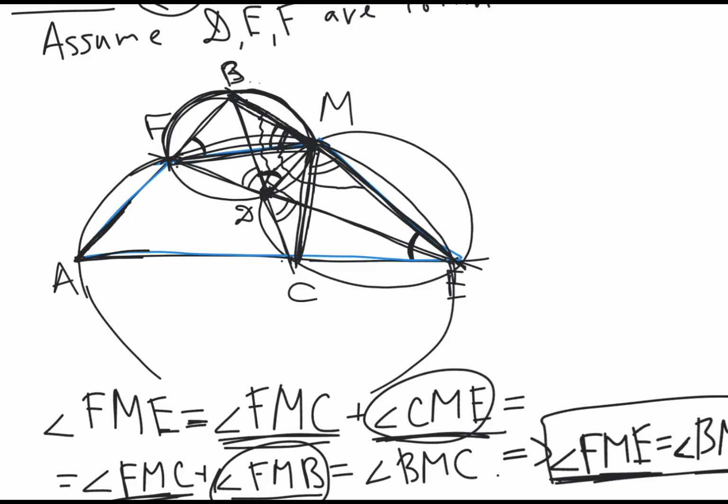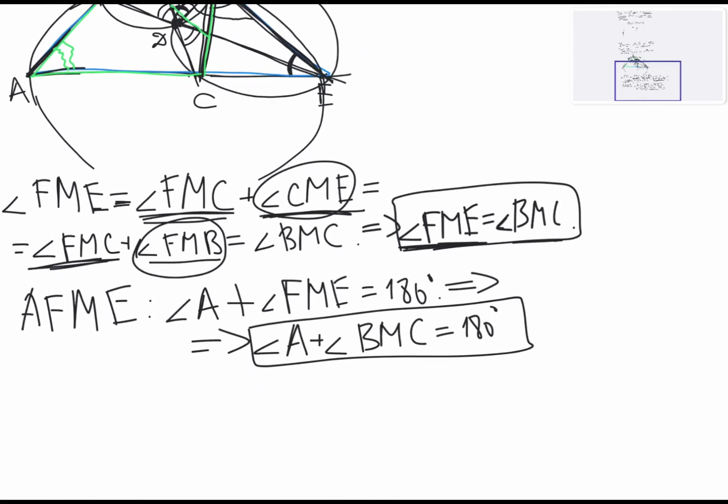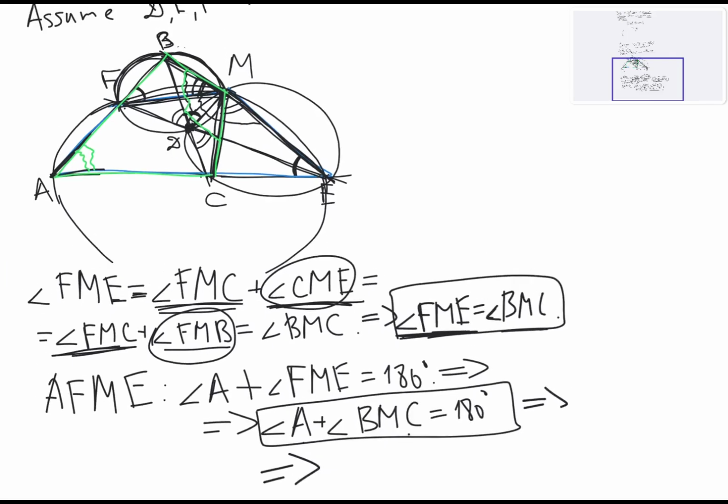So now we consider this green quadrilateral, and the angle A is this one, and the BMC is this one. So they're the opposite angles in this quadrilateral. Since the sum of these two angles is equal to 180 degrees, it implies immediately that this quadrilateral is inscribed or cyclic.